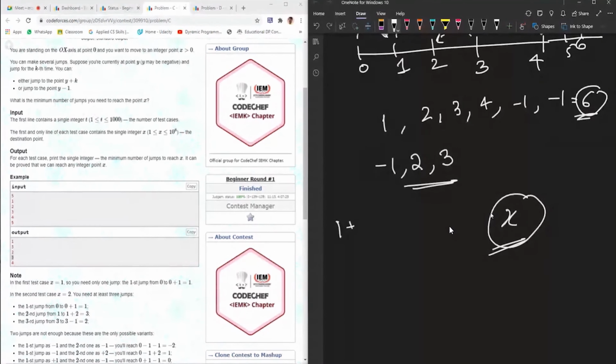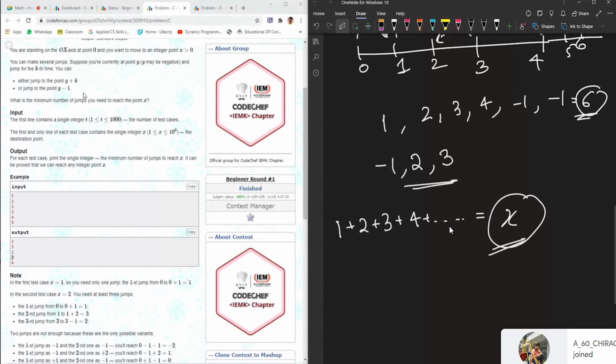By forming this particular AP, 1 plus 2 plus 3 plus 4 and so on, should be equal to X. Now the catch here is that in any of the operations we can either move k steps forward or we can move one step backward. So we can actually delete any of the elements from here and convert it to -1, and there is no limit on how many elements we do this for.